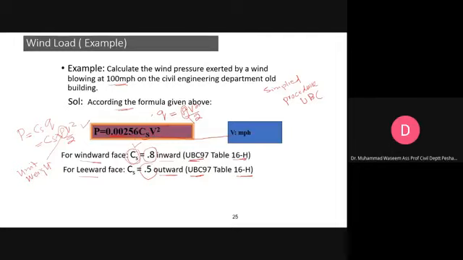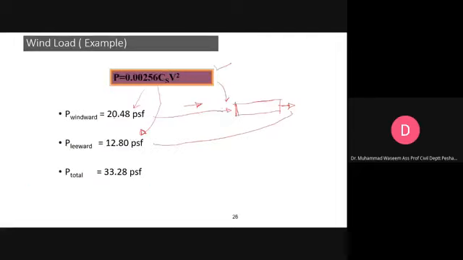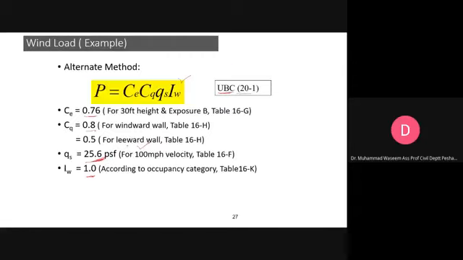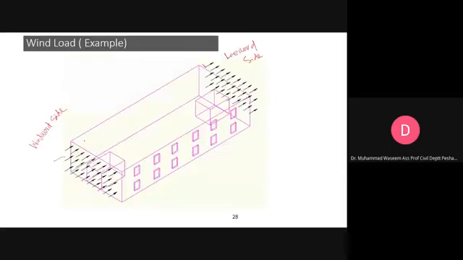You can consult Table 16H in the UBC and compute the wind pressure using this formulation. You can use this formulation as well, as I told you there are two procedures. So you can pick the values and similarly compute the pressure. This is the windward pressure, this is the leeward pressure.